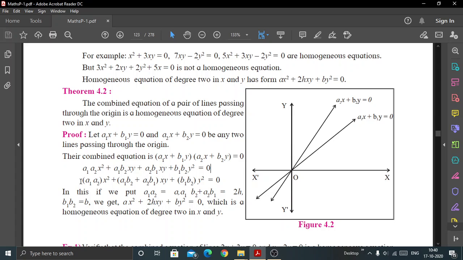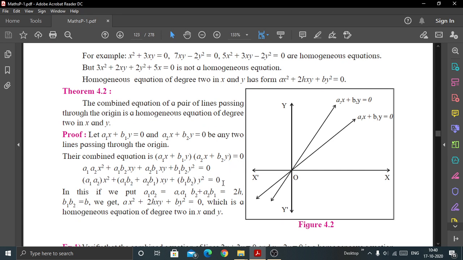Now consider the terms like this: (a1 a2) x square plus (a1 b2 plus a2 b1) xy, because in these terms xy is common. Next, plus (b1 b2) y square equal to 0.